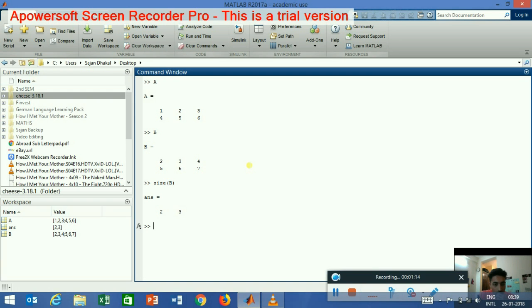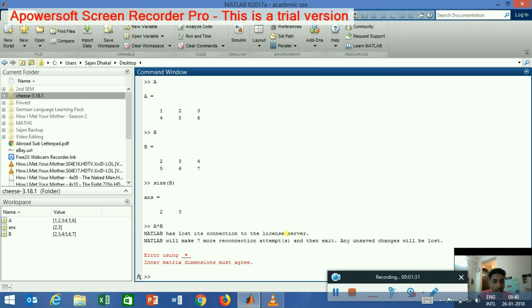Now we're going to see whether matrix multiplication of a 2 by 3 dimension matrix is possible. Let's see A star B. You could see that multiplying a 2 by 3 and a 2 by 3 matrix is impossible, and MATLAB shows the same thing.